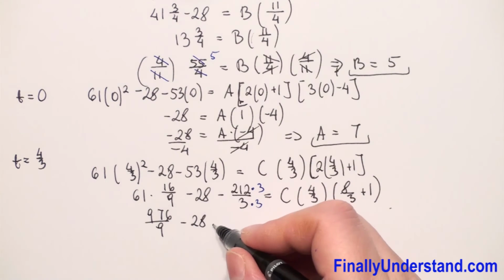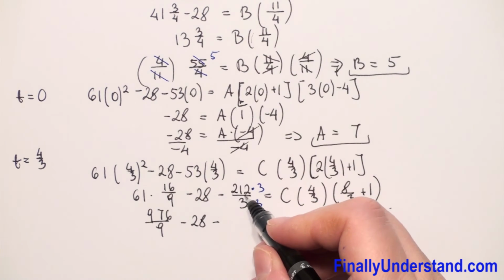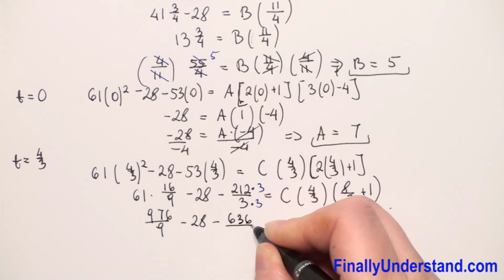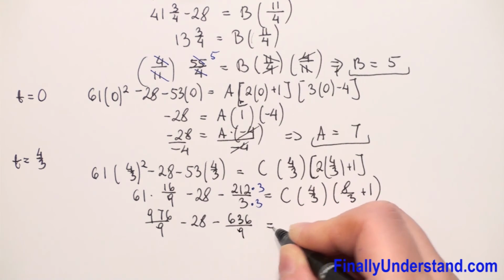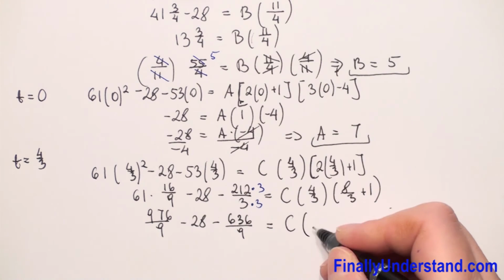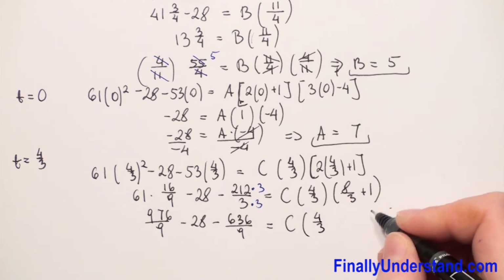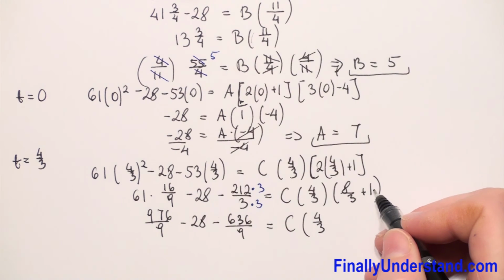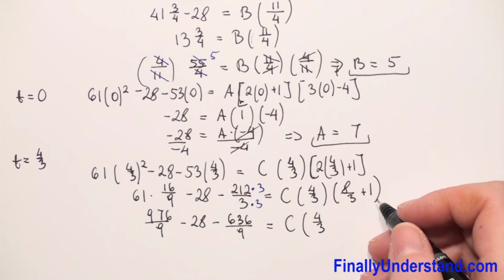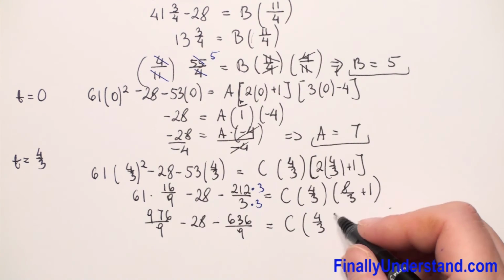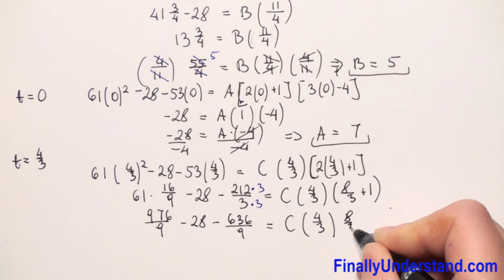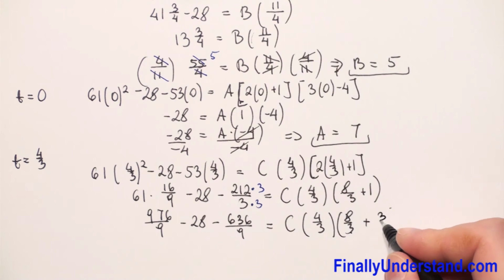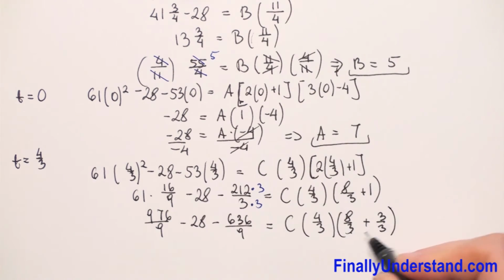So we will have 212 times 3 is 636 over 3 times 3 is 9. This is equal c times 4 over 3, and we have here 8 over 3 plus 1, so I can change 1 to a fraction also. I need to have denominator 3, so it will be 3 over 3 is 1.